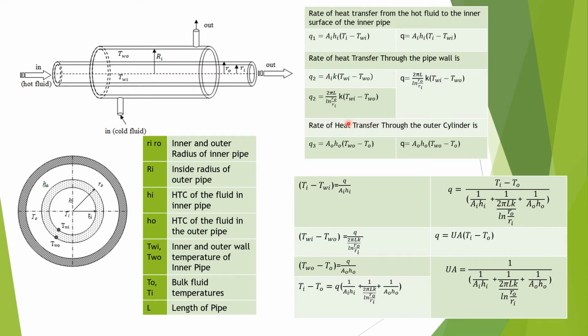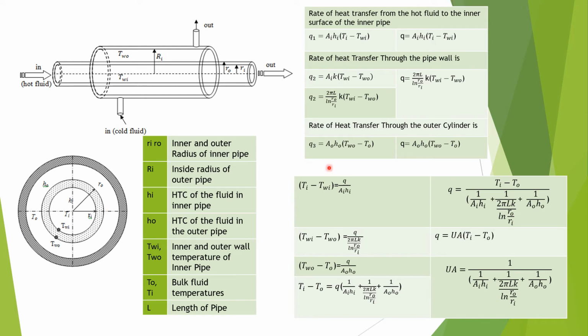Now moving further, the third part of the derivation is we are going to determine the rate of heat transfer between the solid wall, that is this surface Two, the outer surface of the wall, and the outer fluid, and this heat transfer will take place by convection.